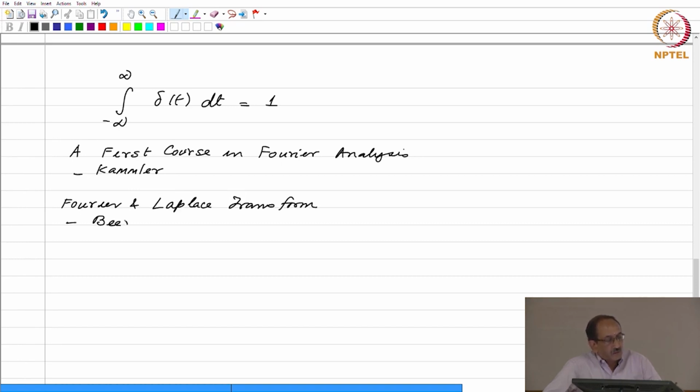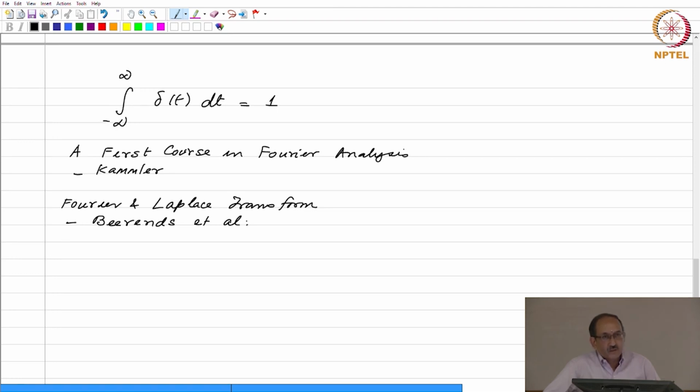This is by 4 Dutch authors. Both these books are by Cambridge University Press. So, you can get some feel for how mathematicians handle the delta function, unlike the loose and non-rigorous way that we handle delta in engineering textbooks.